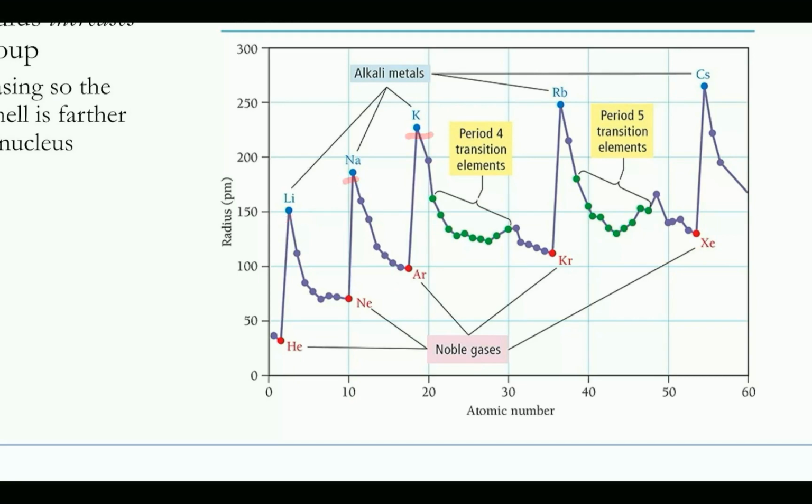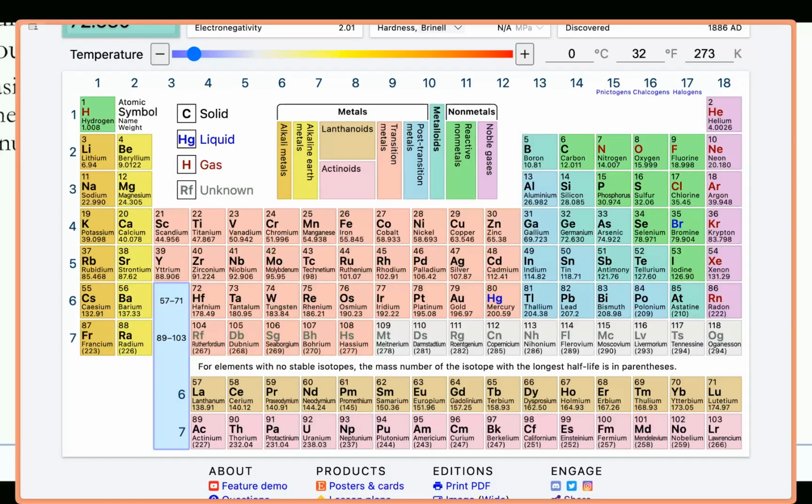Potassium is larger than sodium, rubidium is larger than potassium, cesium is larger than rubidium. So again, going down that group, if I pull up a periodic table, lithium, sodium, potassium, rubidium, cesium. So we're just saying going down the periodic table, in the same column, atoms get larger. The radius increases.